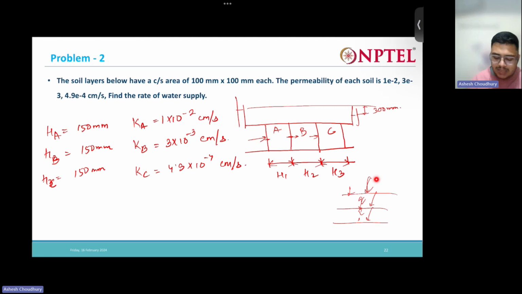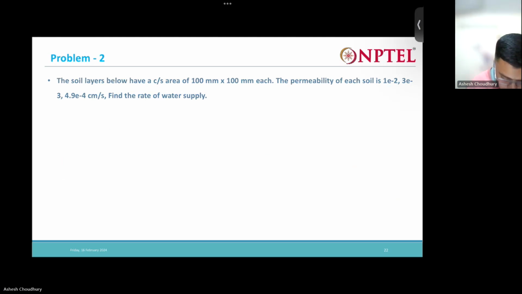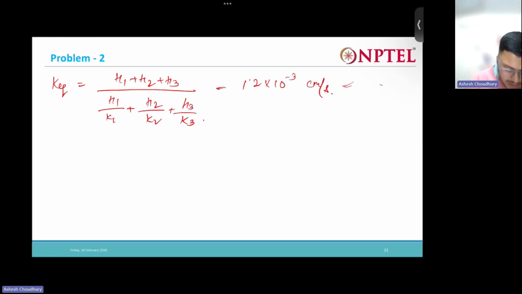So the main tricky part is that this looks as if the flow is horizontal, but the actual case is that the flow is vertical. If we see how the flow is actually happening, that is the case of vertical flow, right? This is the vertical equivalent case, correct?